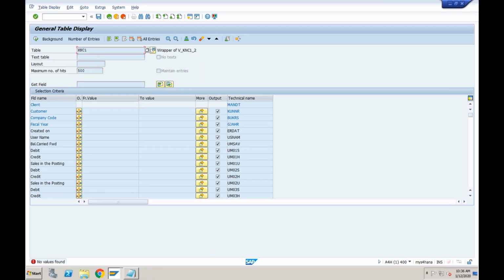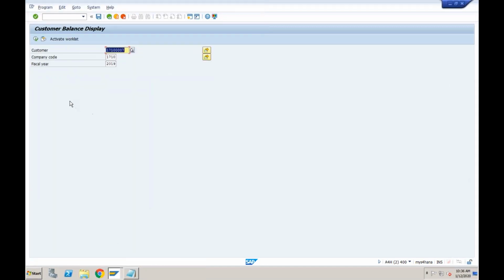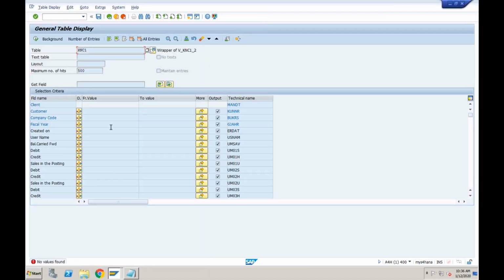Whenever you generate the customer balance or vendor balance report, you remember there are two sections. One is normal balance, second is special GL transactions. KNC1 is the table which stores the normal balances, and KNC3 stores the balances of the special GL accounts. So these are also totals tables.